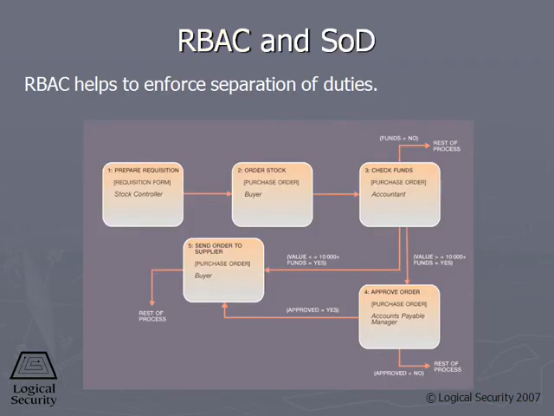Now, role-based is also being used for separation of duties. And I told you you're going to see this in a few of the domains. And it's very difficult to actually implement separation of duties properly. But if you have a critical task and you split it up so that this role does this part and this role does the other part, that's a lot easier to control than saying, you know, Joe does this and Bob does this.